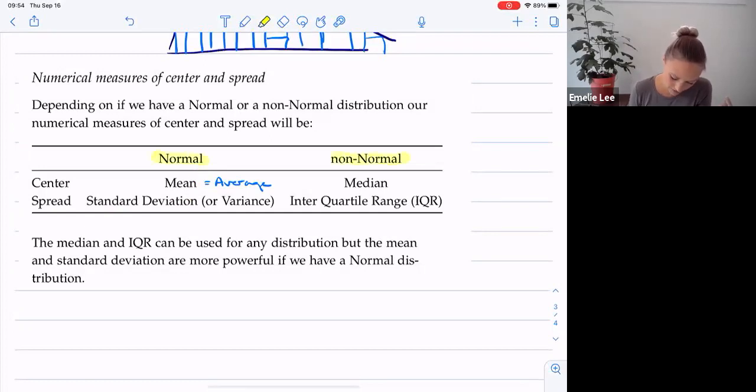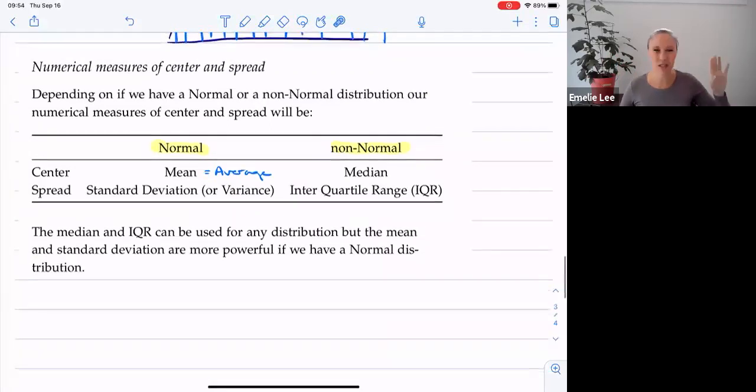I'll highlight these here. Whereas our spread, if we have a non-normal distribution, right, then we should be using the interquartile range, which we'll talk about as well. Okay? But it's really just the difference between the middle two quartiles, right? You split your data in quarters instead of in half. Okay? But we'll get there.